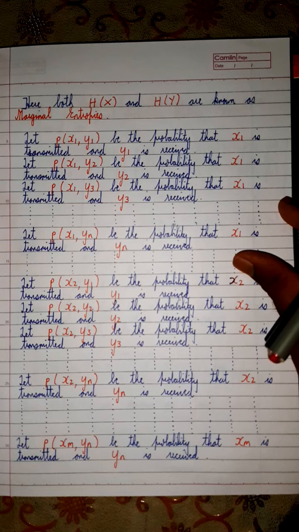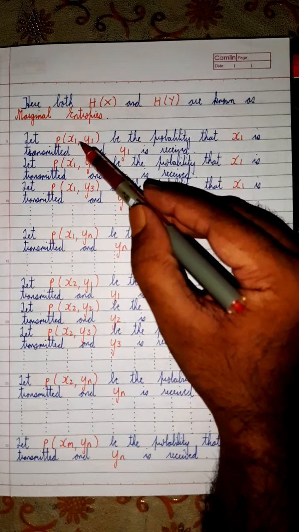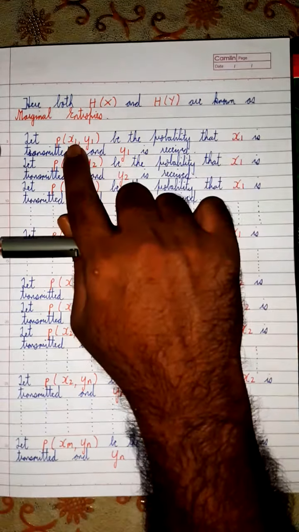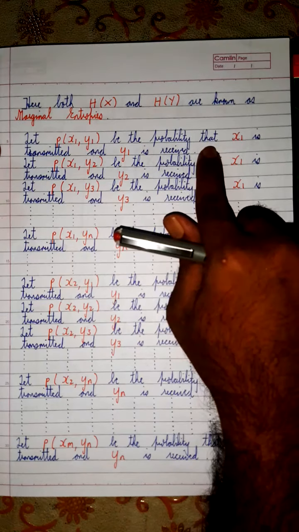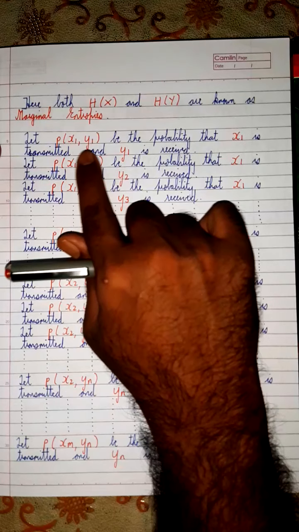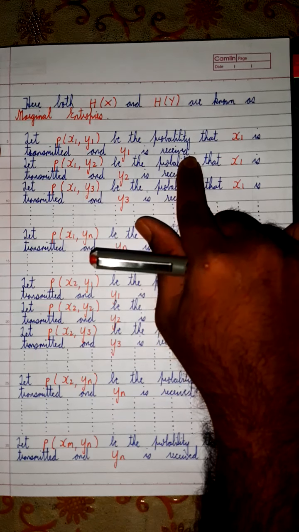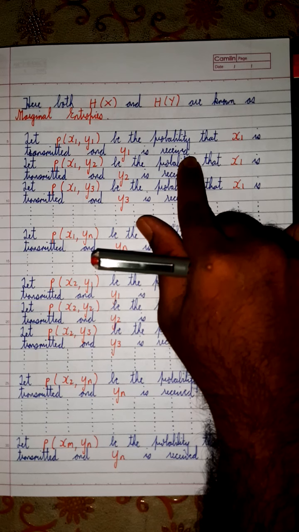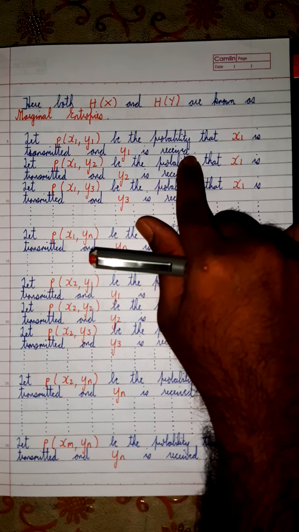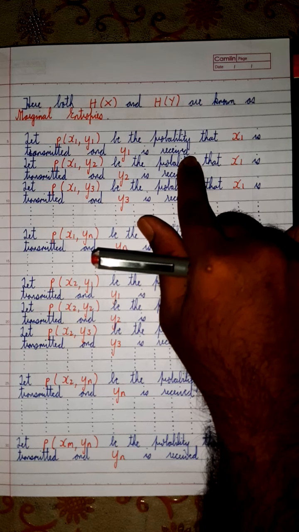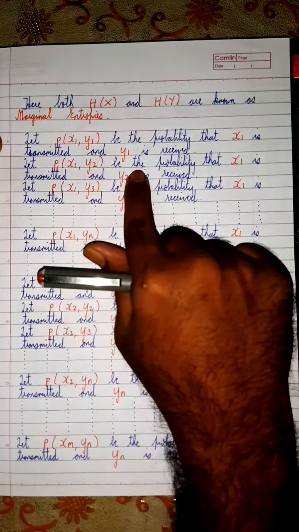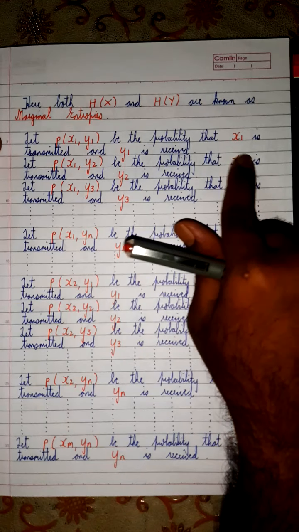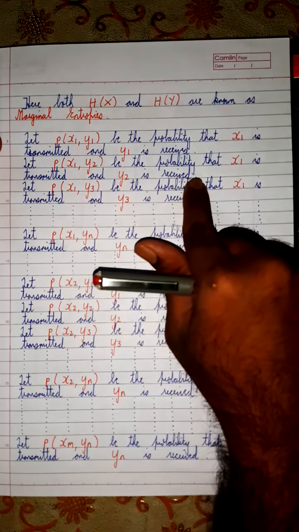Okay. Now next, let P(x1, y1), the joint probability, be the probability that x1 is transmitted and y1 is received. That means both events must happen, that is, x1 must be transmitted and y1 is received. Likewise, let P(x1, y2) be the probability that x1 is transmitted and y2 is received.